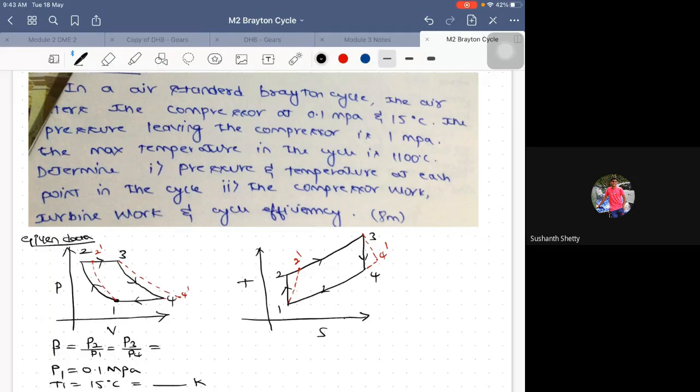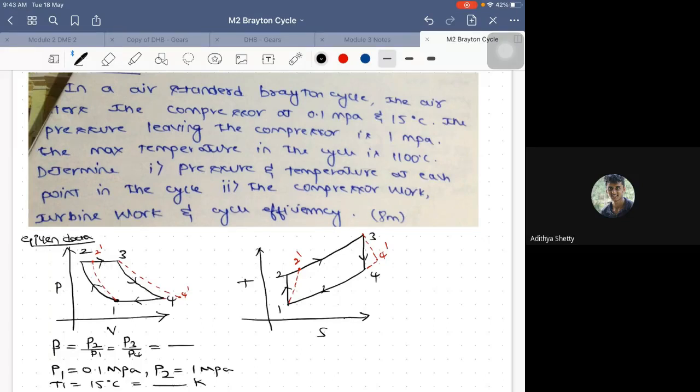Next, the pressure leaving the compressor is 1 megapascal. So what is that pressure leaving the compressor? Which value is that? P2. Very good. So the pressure leaving the compressor is P2, that is 1 megapascal. I think now I can calculate the value of pressure ratio. I know the value of P2 and I know the value of P1.